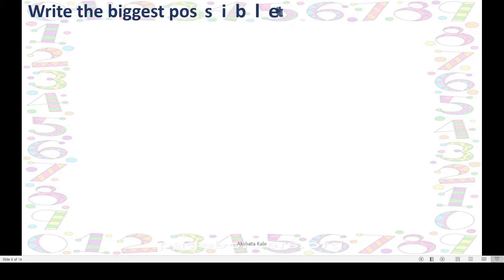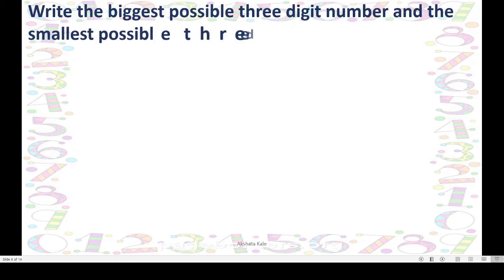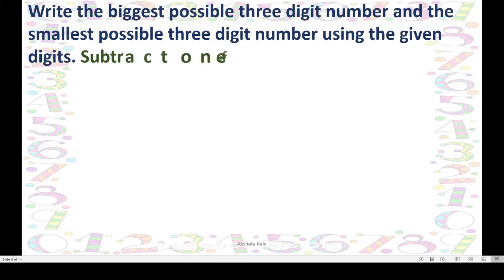Dear children, first we will read this and then we will understand, then we will solve. First, write the biggest possible 3-digit number and the smallest possible 3-digit number using the given digits. And then subtract one from another.